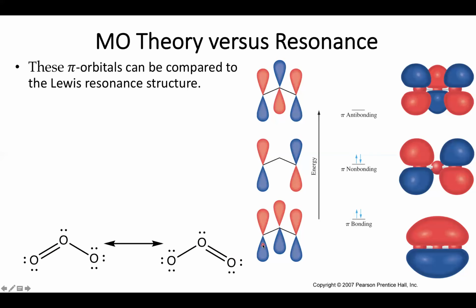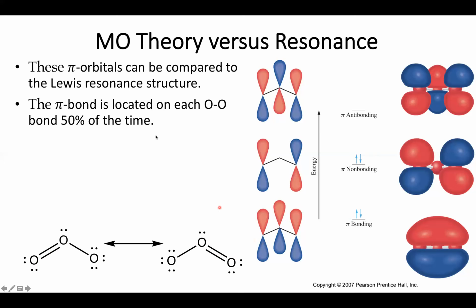So a good way to think about it is that this pi bond is going to be 50% of the time between these two, 50% of the time between these two, but 100% of the time between this one and somebody. And that's exactly what we see in the resonance structure. So resonance actually has its root in MO theory.